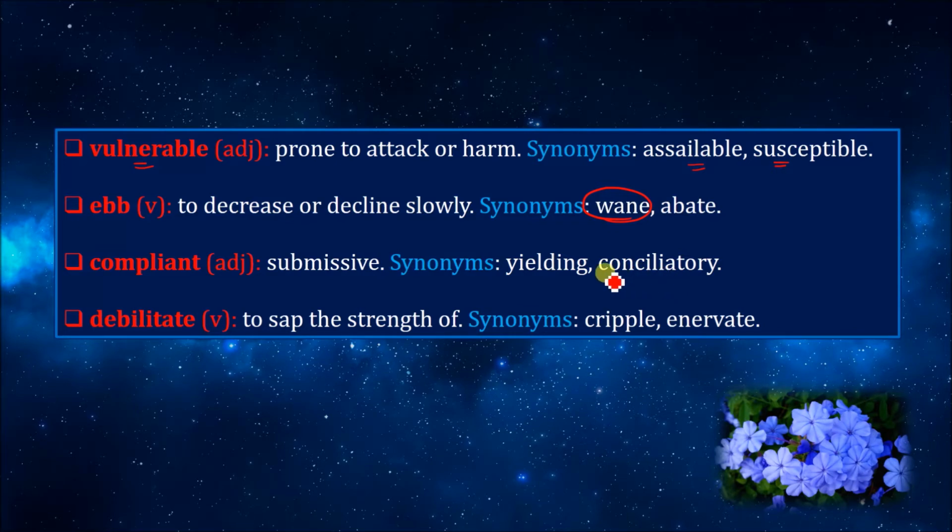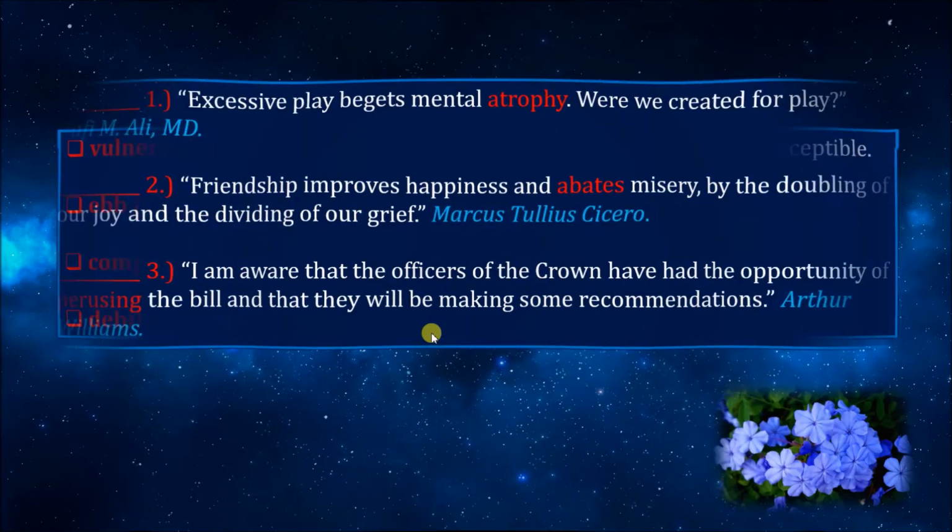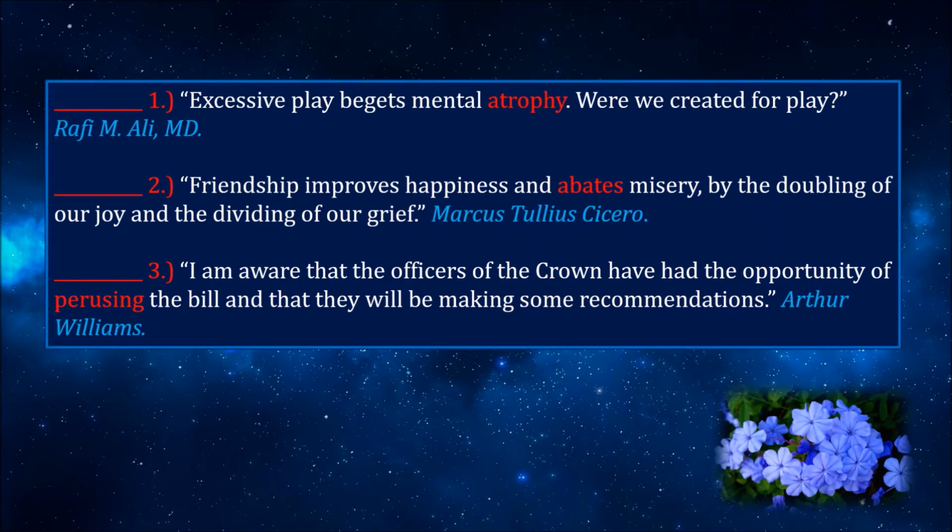Compliant is submissive, like obeying the laws that we said. Yielding, conciliatory. Last word on this page, debilitate, to sap the energy. Synonyms: cripple, enervate, weaken. Okay, those are the words.